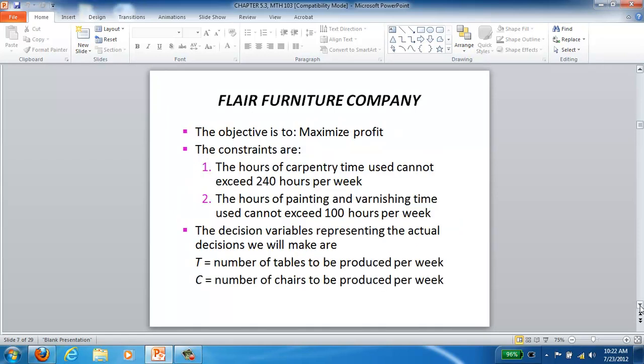The object is to maximize profit. The constraints on the system are carpentry time 240 hours a week and painting and varnishing time 100 hours per week. The decision variables, T for the number of tables and C for the number of chairs.